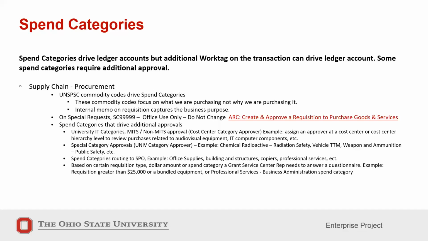And some spend categories require routing to the SPO, an example being office supplies or building and structures. Based on things like certain requisition types, the dollar amounts, and the spend category that's used, it might require a questionnaire that needs to be completed. Here's an example: requisitions greater than 25,000 or bundled equipment would require that additional questionnaire.